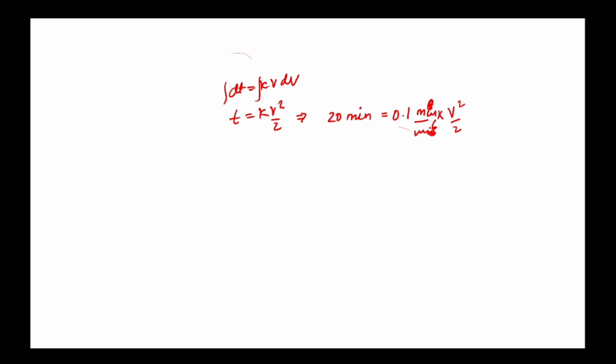So K is 0.1, V square, so 40 minute divided by 0.1 minute, and minute will cancel out. Meter to the power 6 will come, is equal to V square.